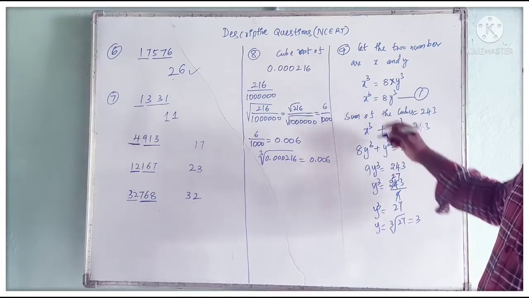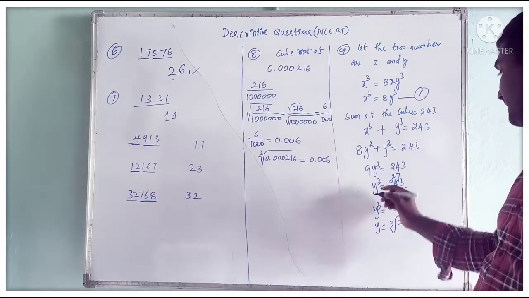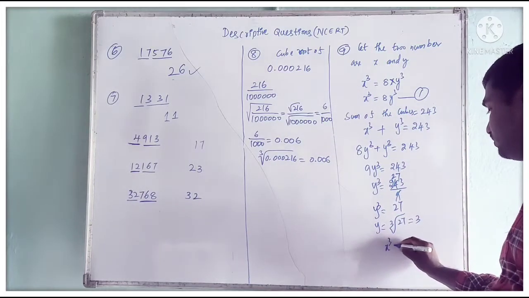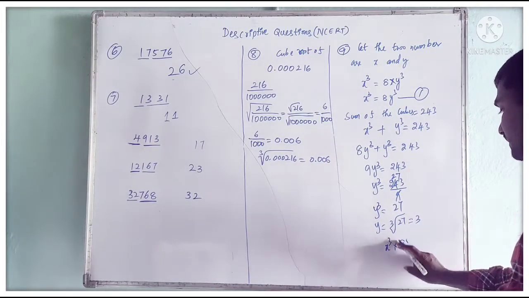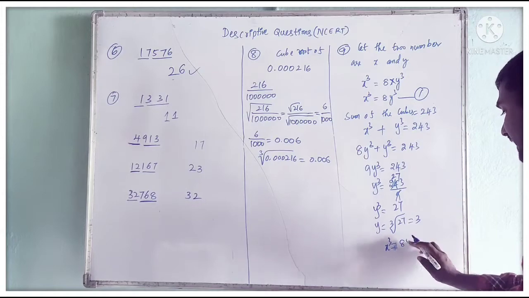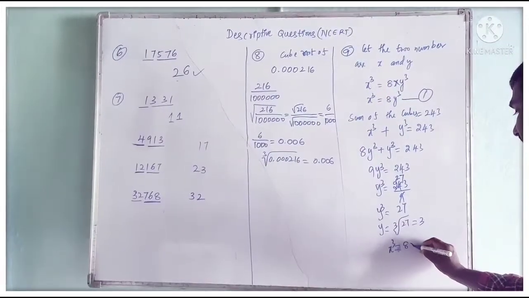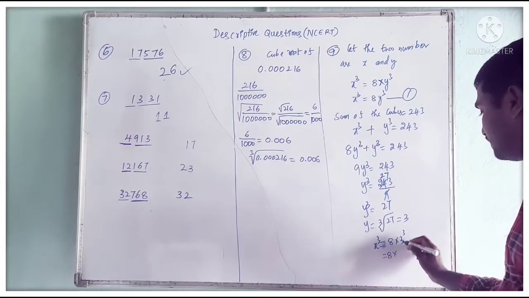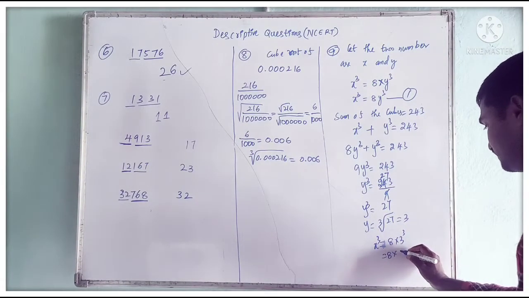If y is equal to 3, what is x? From equation 1, x cube equals 8 into y cube, and y cube is 3 cube. That means 8 into 3 cube.